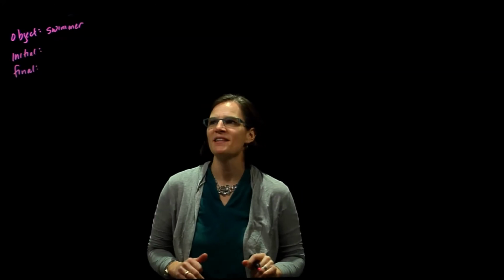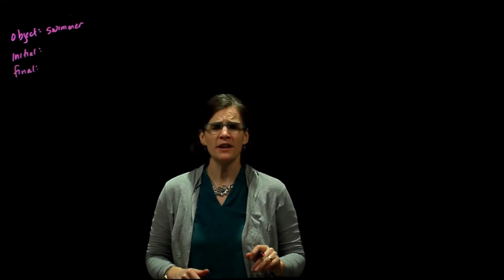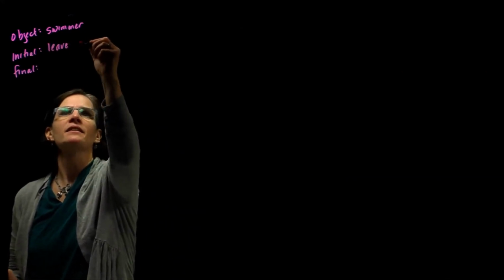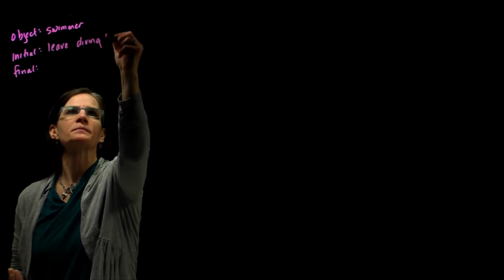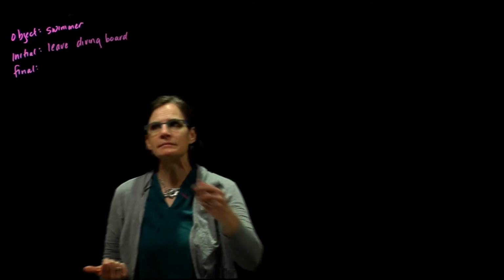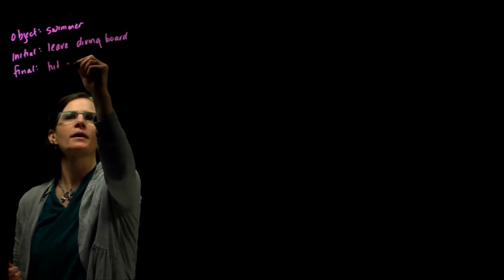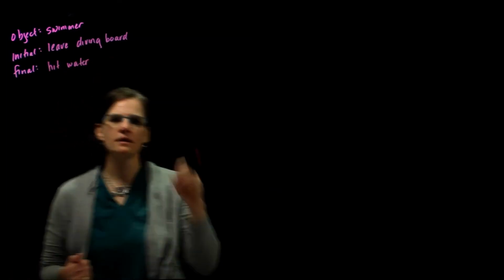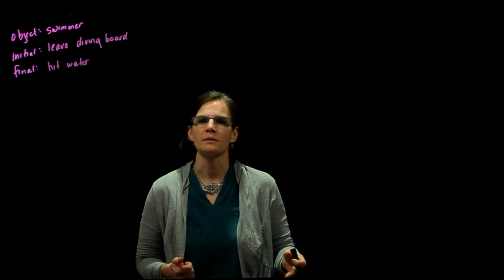So what defines the motion? Well, when they leave the diving board. That's when we start to care. And when do we stop caring? Well, when they hit the water. So we start caring when they leave the diving board, and we stop caring when they hit the water.